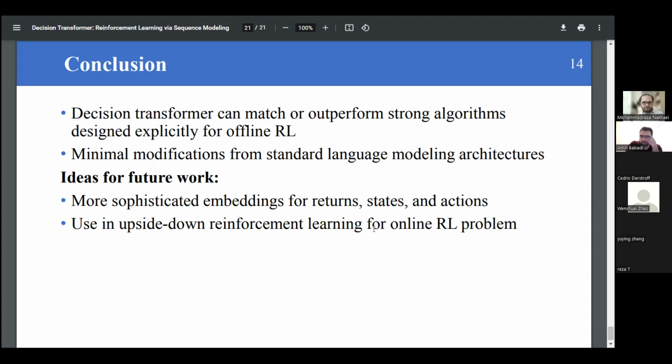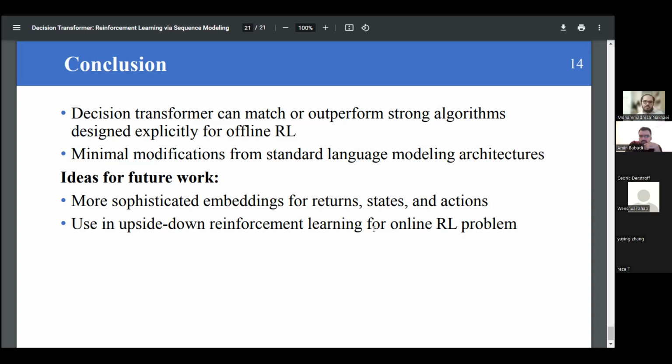So at each iteration we train the decision transformer, and we hope that the performance has improved, so we must generate new trajectories that are better than the old ones. So it becomes online reinforcement learning.